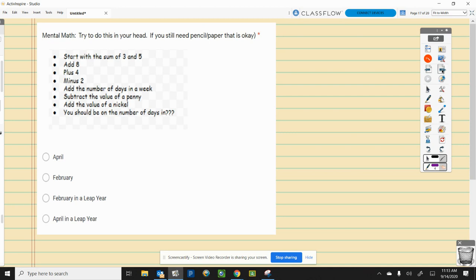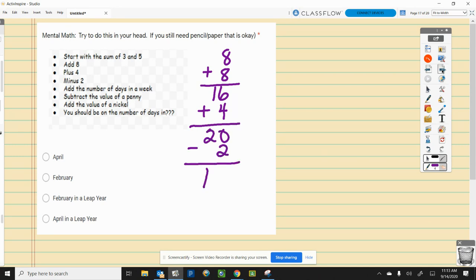Now, let's see if you got it right. The sum of 3 plus 5 is 8. Now I'm going to add 8. That's 16. Now I'm going to plus 4. That's 20. Minus 2, 18. Add the number of days in a week.